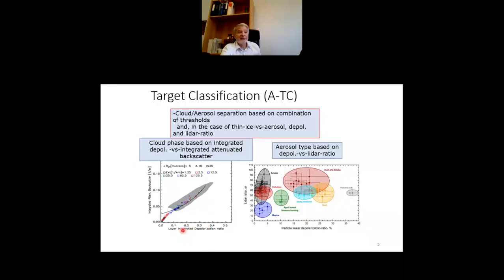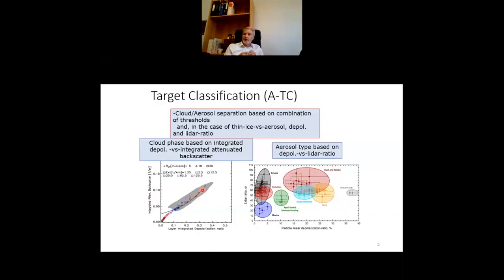As a component of the cloud phase determination, we use something very similar to what Calipso did: the integrated attenuated backscatter versus the depolarization ratio. I'm showing here a relationship from Calipso, and these symbols, these dots, are what you get from a lidar multiple scattering simulation from a Monte Carlo model.